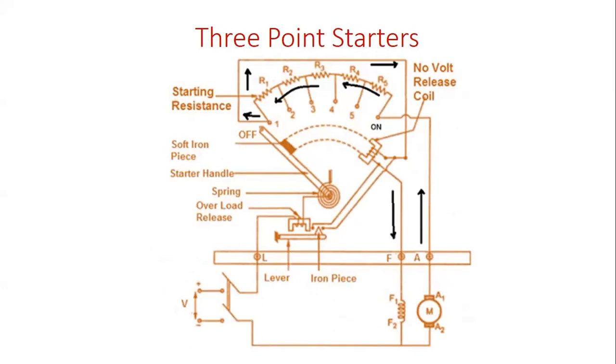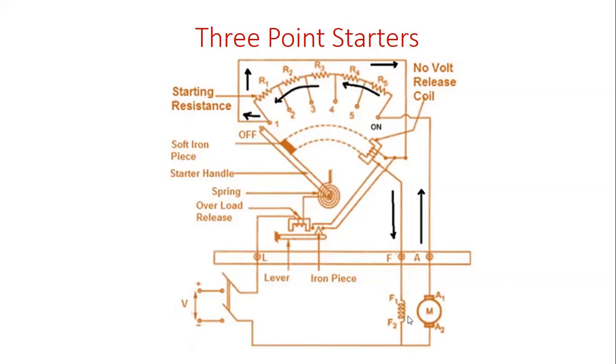If you see here in the starter terminals, we have a terminal L, a terminal F, and a terminal A. So in total we have 3 terminals such that we can connect a shunt motor here. Of these, the F terminal and A terminal: F is for the field and A is for the armature of the motor.